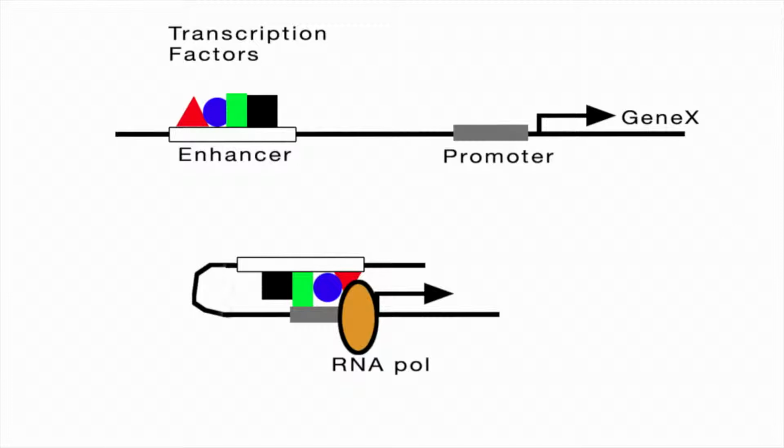In this way, these transcription factors are able to influence the binding of RNA polymerase to that promoter and initiate RNA synthesis of that gene. Regulatory sequences, such as enhancers and repressors, are usually found on the same chromosome as the gene they are influencing, and thus are called cis-regulatory elements.